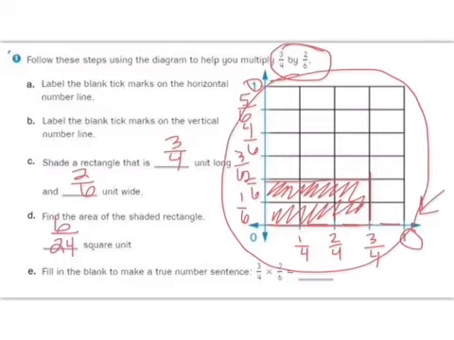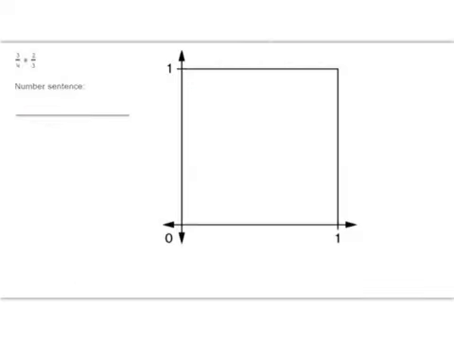Remember what I helped you use yesterday to figure that out was to zoom out and look at it as one big fraction. So now we're going to look at the number sentence here, and we're going to fill in the blank to make it your number sentence. 3/4 times 2/6 equals, like we said, 6/24.